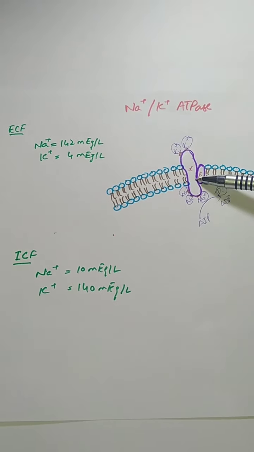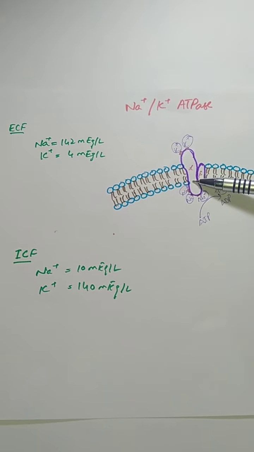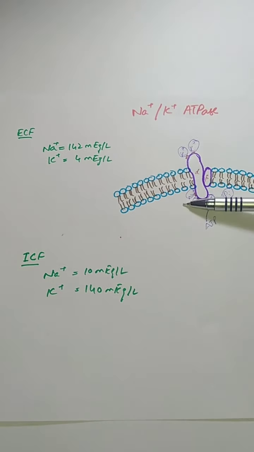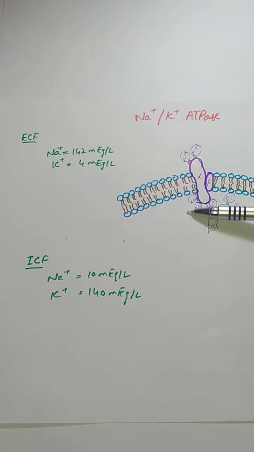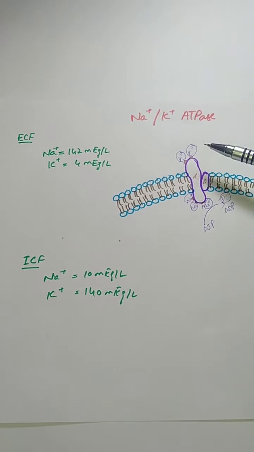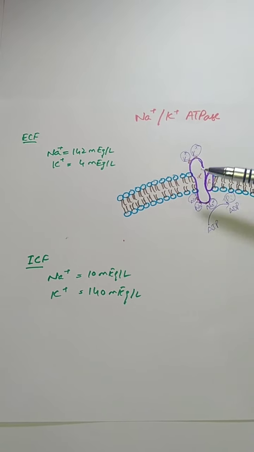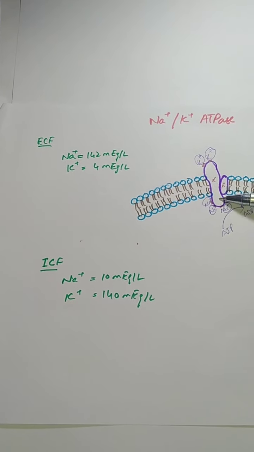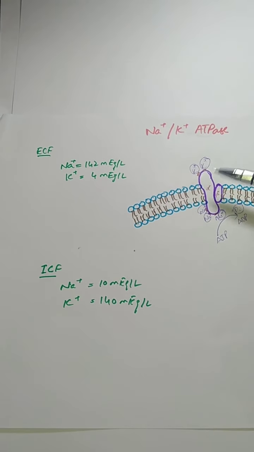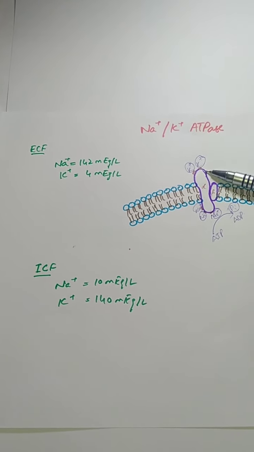Now at this phosphorylated state, if the energy stored in the concentration gradient of these ions were greater than the energy stored in the bonds of the ATP, then no transport of these ions would occur.